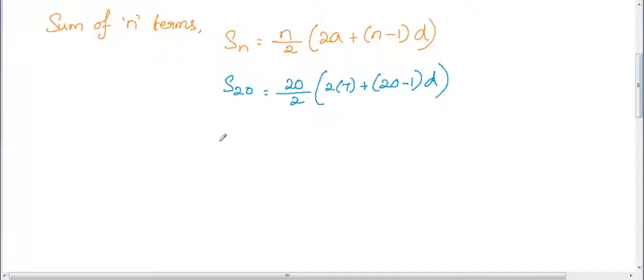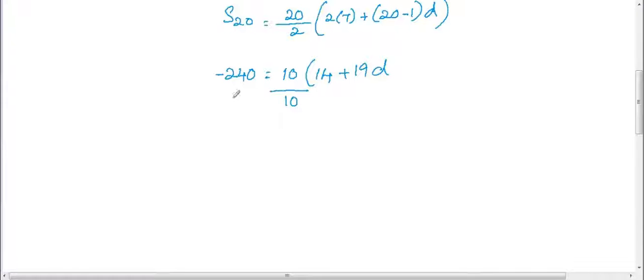So S20 value is given, which is minus 240, is equal to 10 into 14 plus 19d. Now divide 10 on both sides, so minus 240 divided by 10 becomes minus 24. So minus 24 is equal to 14 plus 19d.